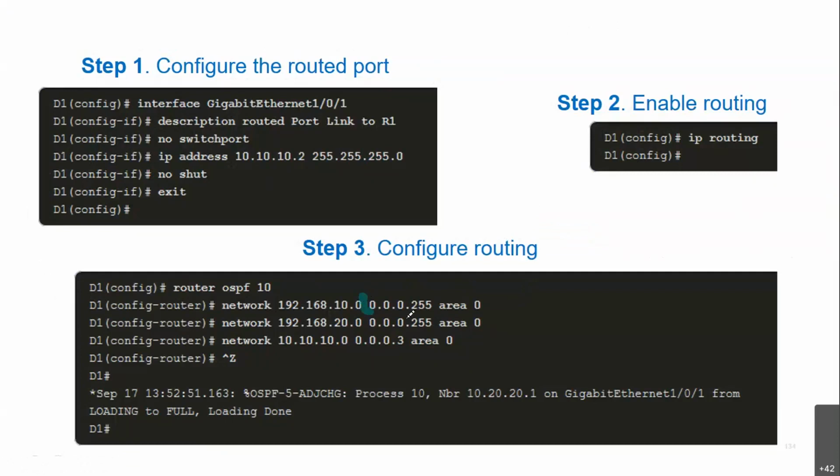This here is the wildcard mask, okay? Because the network here is 192.168.10.0/24. So 24 bits would be 0, and the remaining 8 bits will be 1. So that's why you get 0.0.0.255.